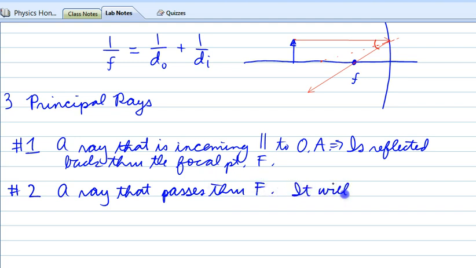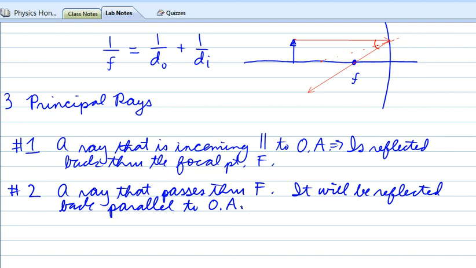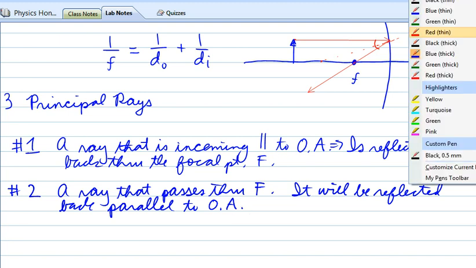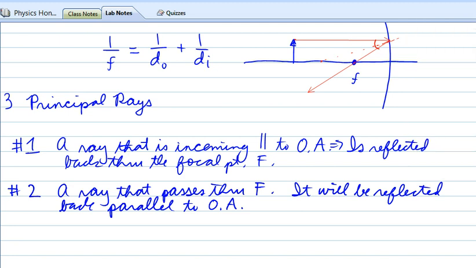So it will be reflected back parallel to the optic axis. And this is just taking number 1 and doing it in reverse. Okay? So I'll pick a different color. Let's do green and get a ray going. So now I start at the same place and I go through the focus, and that's pretty close.